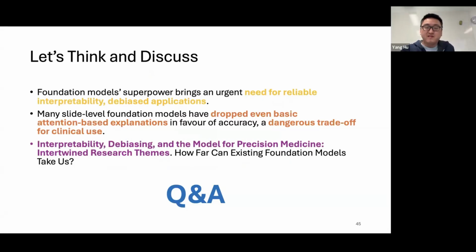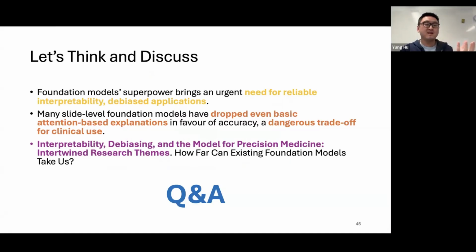Before we start our discussion, I would like to share some of my thinking: the superpower of foundation models actually brings a more urgent need for reliable interpretability and debiased applications.